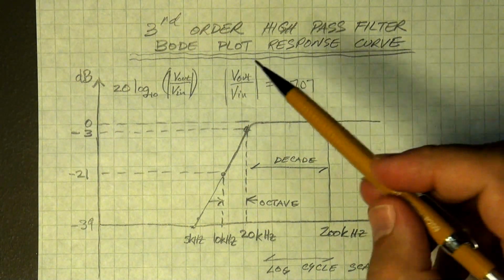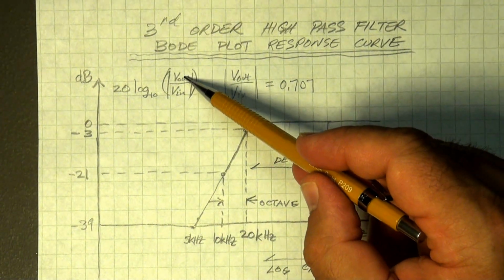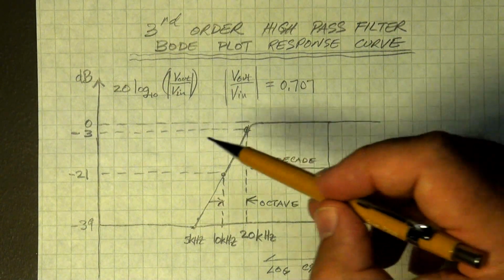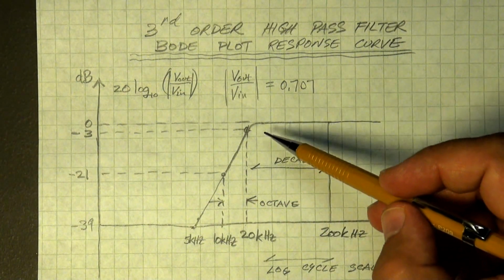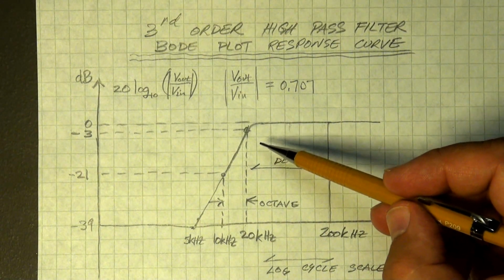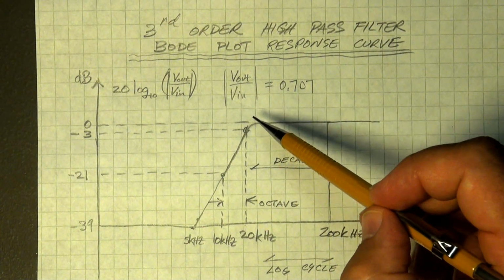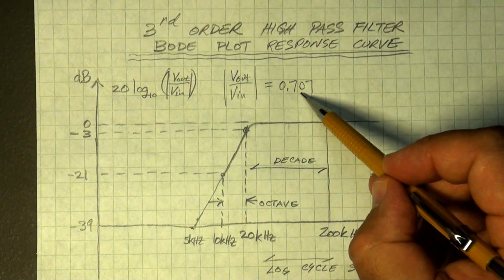So for 0 decibels, that would mean basically the output is equal to the input, and minus 3 dB is a barely noticeable, to the human ear probably just noticeable, drop in intensity. So the corresponding ratio of output to input is about 0.707.